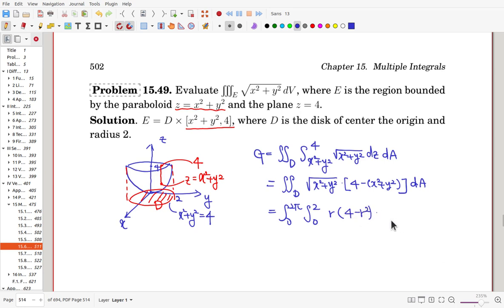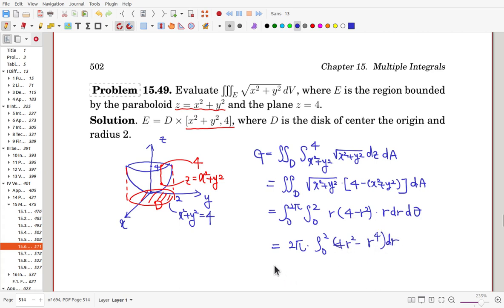When we use polar coordinates, we should not forget the scaling factor r, with dr d theta. Now, this integrand is theta independent, so the theta integration gives 2 pi.